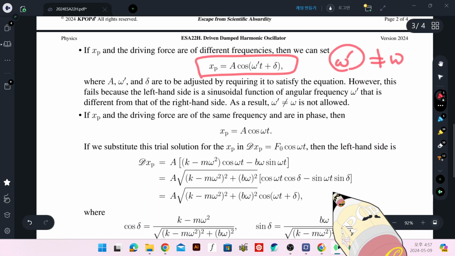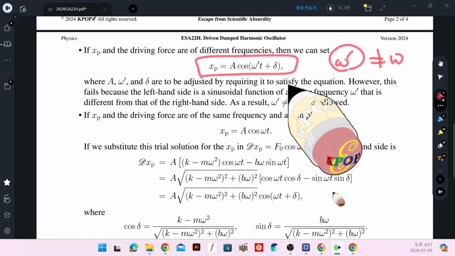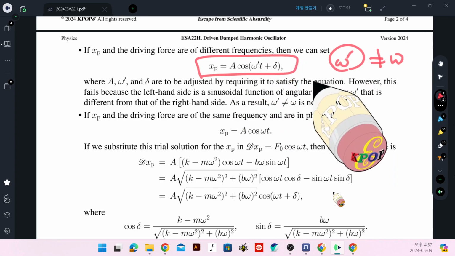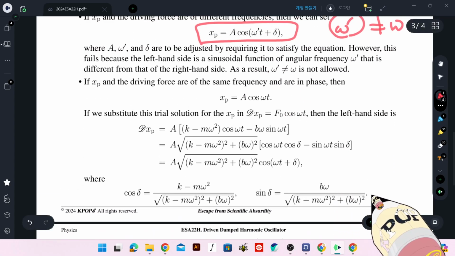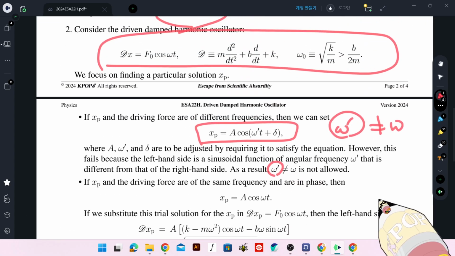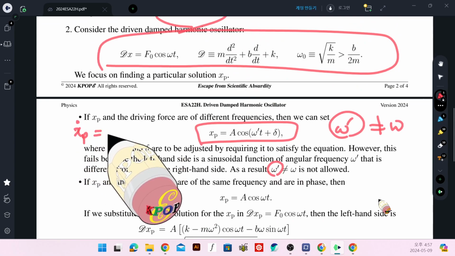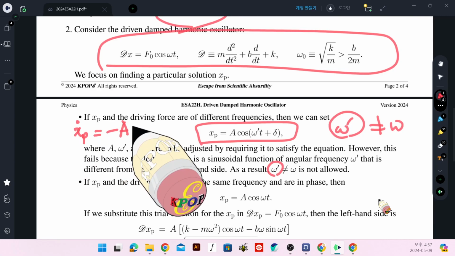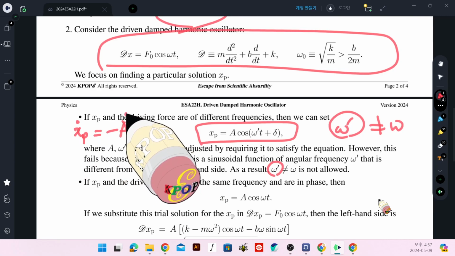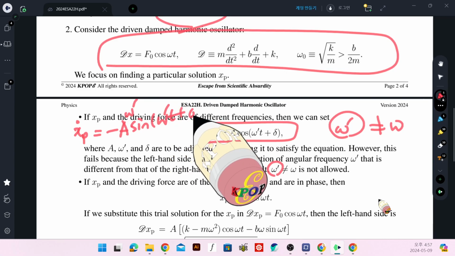If I use a different frequency for the trial sinusoidal function, the answer gives a problem. For example, xp dot is minus a omega prime sine of omega prime t plus delta, something like that.